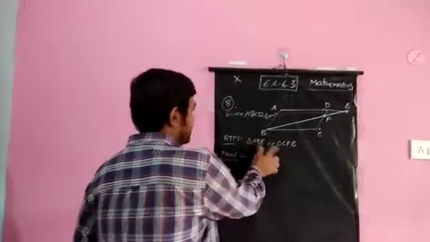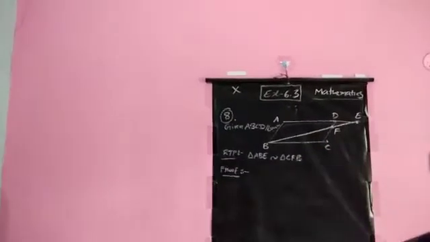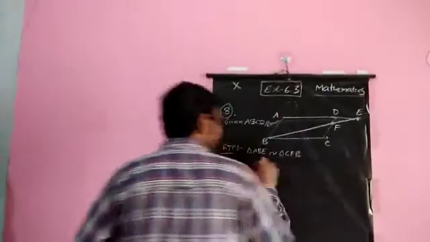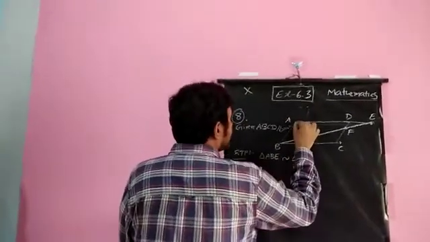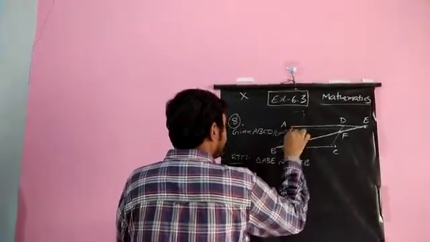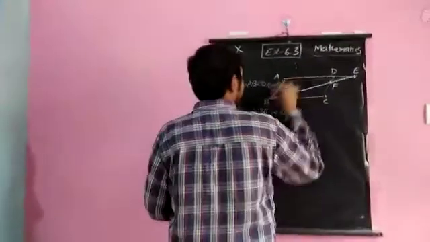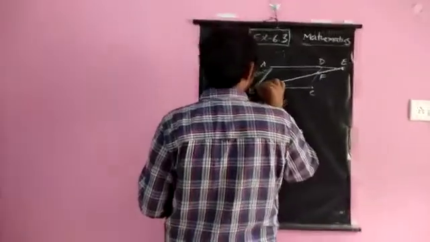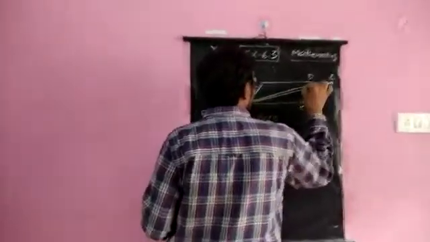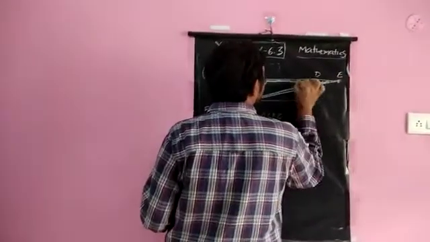Out of all these properties, we need to see which are needed for us. Here, I have to prove that triangle ABE and triangle CFB are similar.